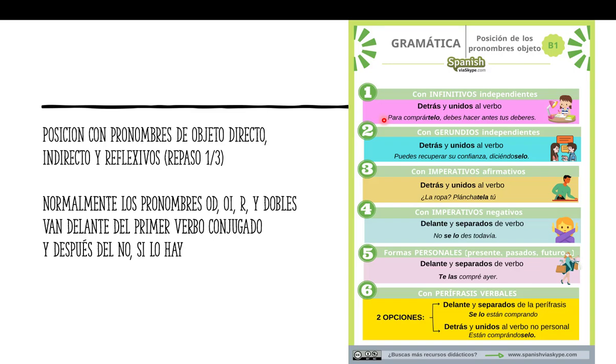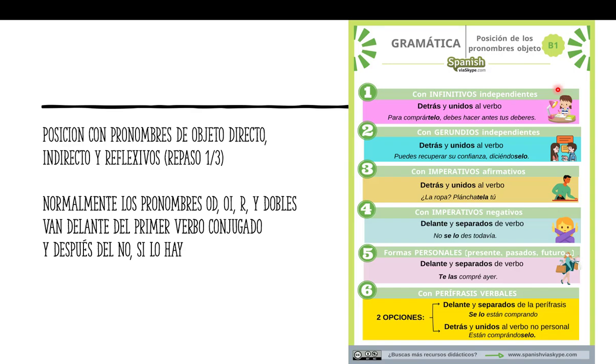Okay, you're going to see them coming up, also attached at the back when we have an infinitive, ar, er, or ir, alone, without a verb in front. So para comprártelo, in order for you to buy it, in order for you to buy it for yourself, that's what it says here, telo, debes hacer antes tus deberes.